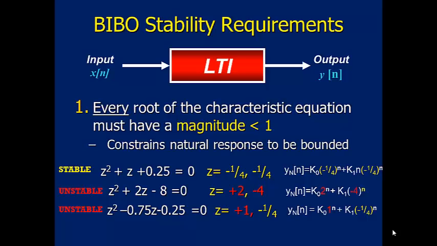And these are u of n's if you like. Nothing wrong with that. Well, what happens if I come along and say my x of n equals 1 for n greater than 0, which is the same as a unit step.